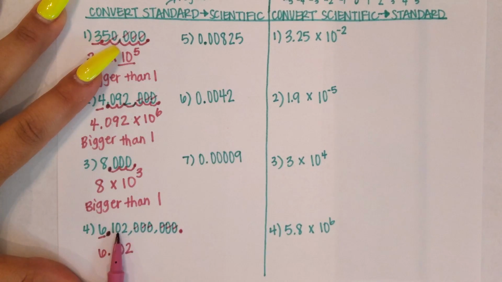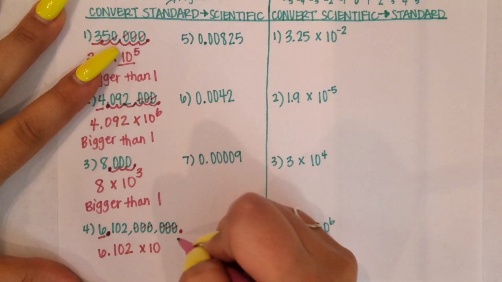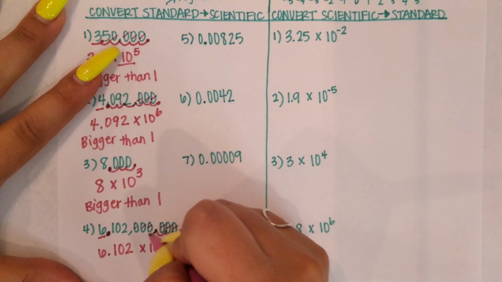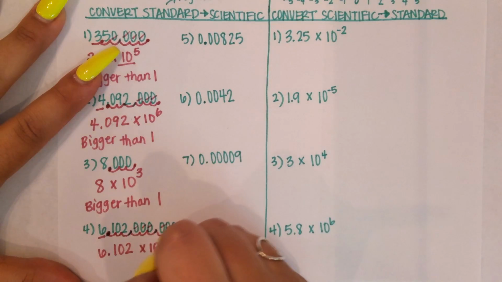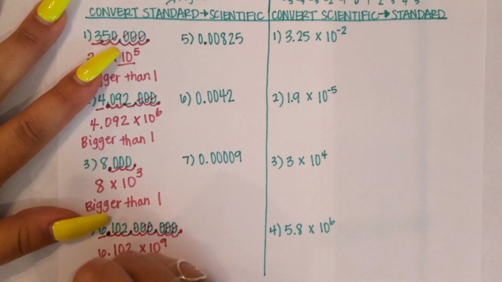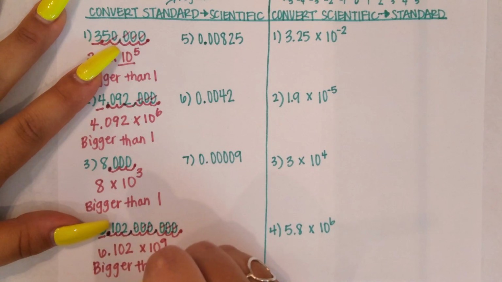I can't cross off the 0 in the middle because it is between two numbers. You can only cross off zeros at the end. Then I have times 10. And I moved it 1, 2, 3, 4, 5, 6, 7, 8, 9 times. I know that it is a positive 9 because this number is bigger than 1.